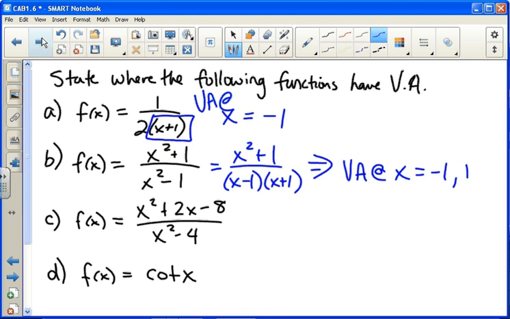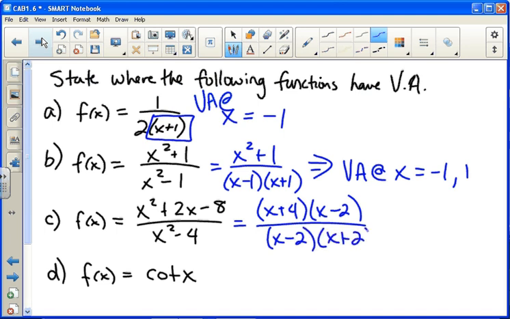Okay, C, we need to factor the top and the bottom. Okay, x minus 2 cancels out, so that's not going to help us find a vertical asymptote. But x plus 2 does not cancel out, so it will provide us with a vertical asymptote.